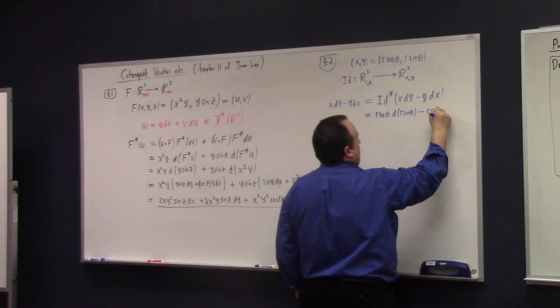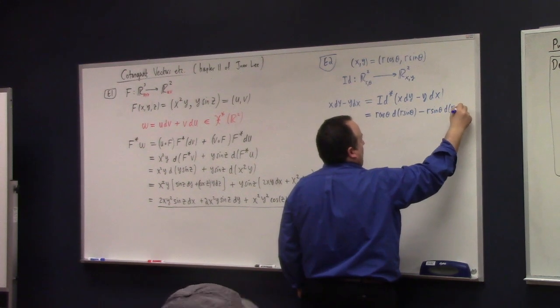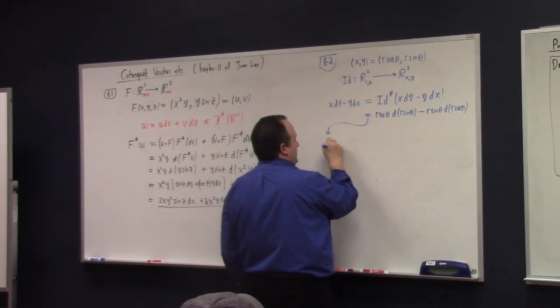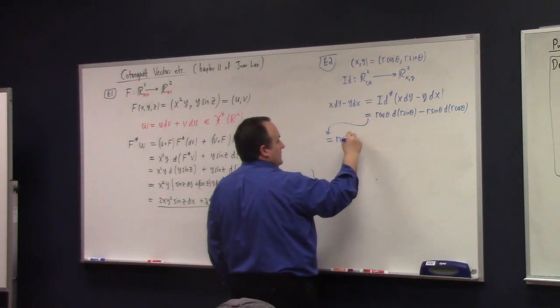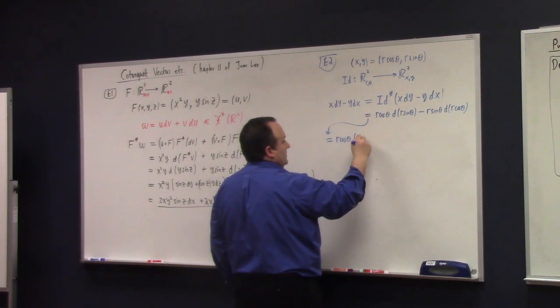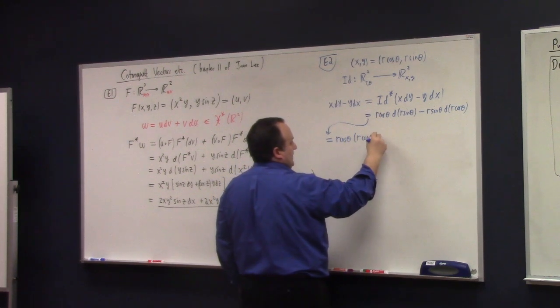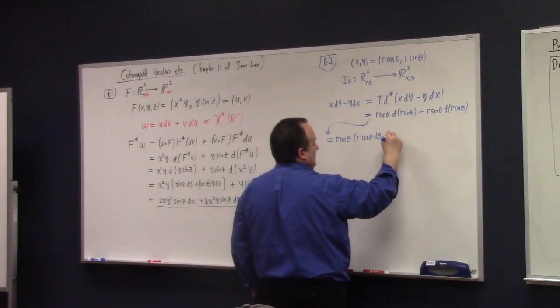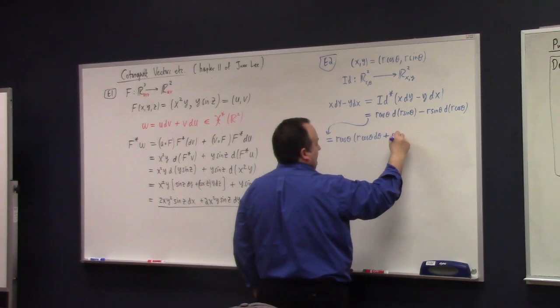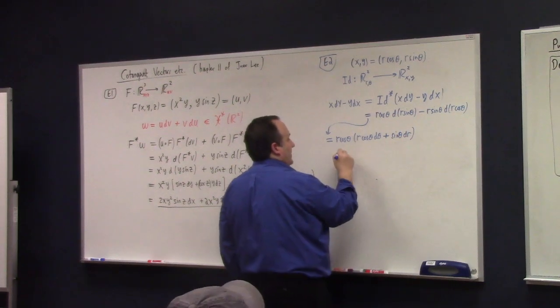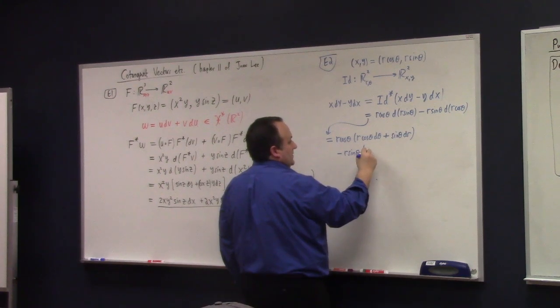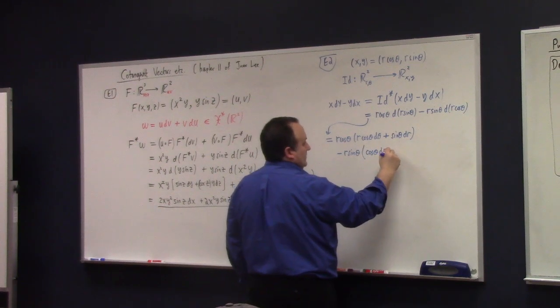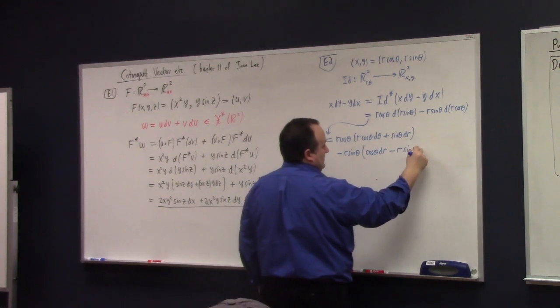So minus r sine theta, the differential of r cosine theta, which is equal to r cosine theta times r cosine theta d theta plus sine theta dr, minus r sine theta times cosine theta dr minus r sine theta d theta.